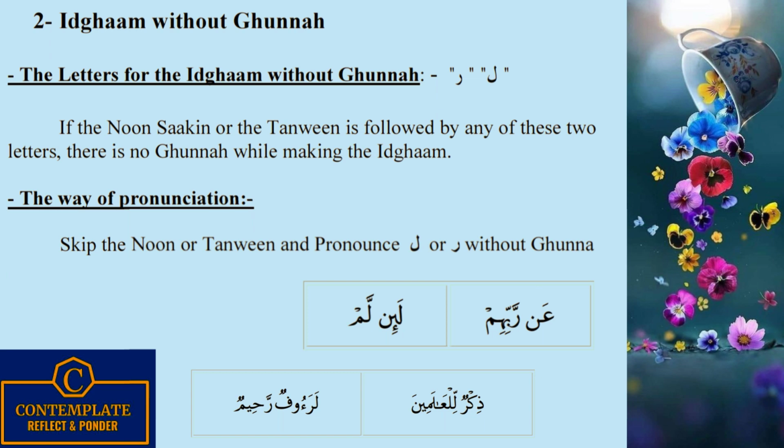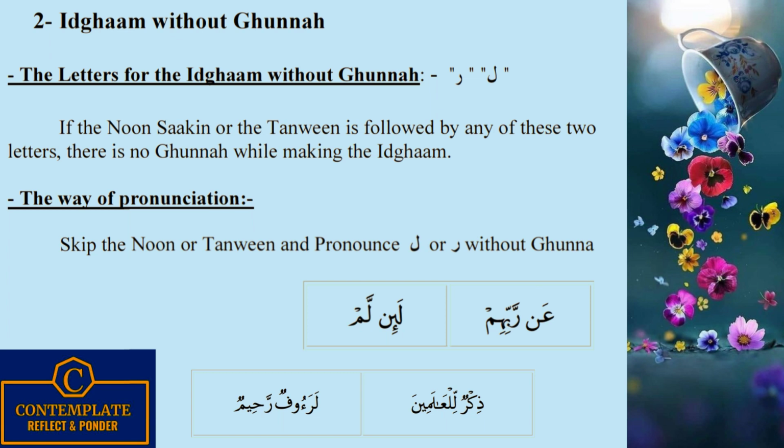Now let's see how to pronounce it. The way of pronunciation of words which are idgham without gunna: we have to skip the noon sakin or the tanween. The first step is to skip noon sakin or tanween, and the second step is to pronounce the letter lam and the letter ra without gunna.